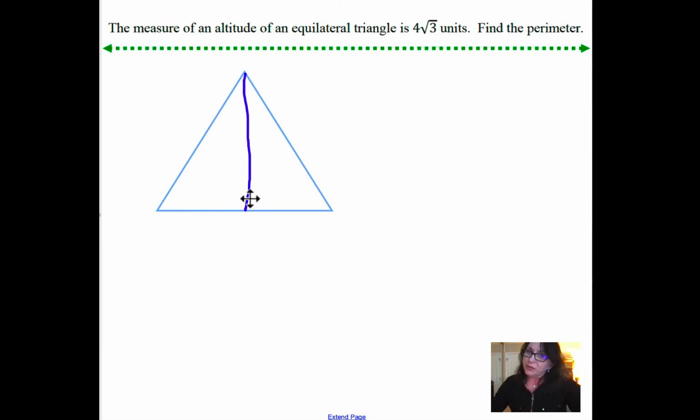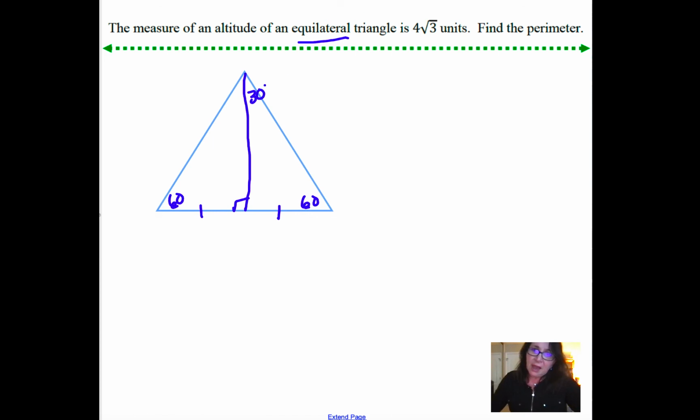In an isosceles triangle and in an equilateral triangle, the altitude cuts the base into 2 equal parts, as well as being perpendicular and making a right angle. If it is an equilateral triangle, that means all the angles are 60 degrees, 60, 60, and this whole angle is 60. But when we cut it in half, it then becomes 30. So now we have a 30, 60, 90 right triangle.